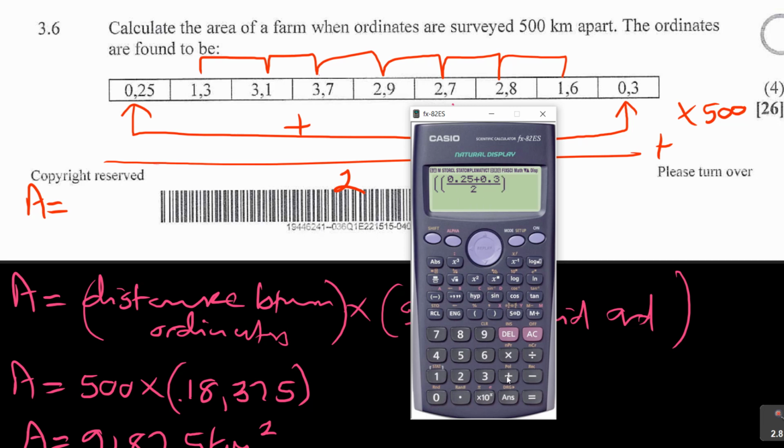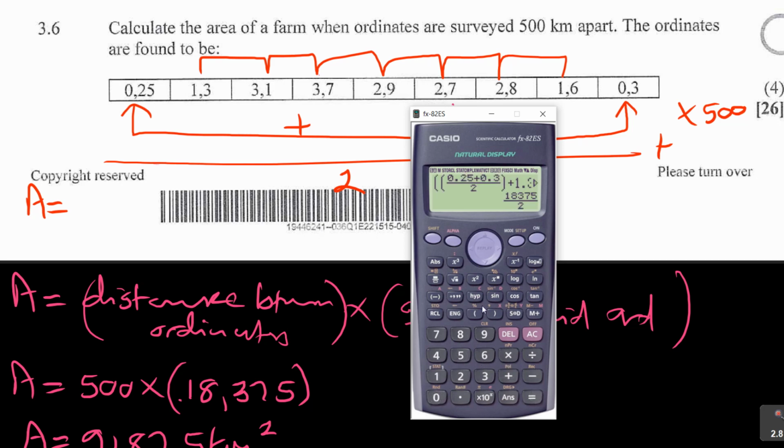First and last plus the other sum: 1,3 plus 3,1 plus 3,7, just following the formula, plus 2,9 plus 2,7 plus 2,8 plus 1,6. Right, I've done that, then close, and then I say times 500.